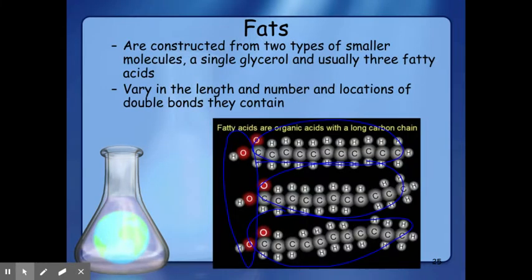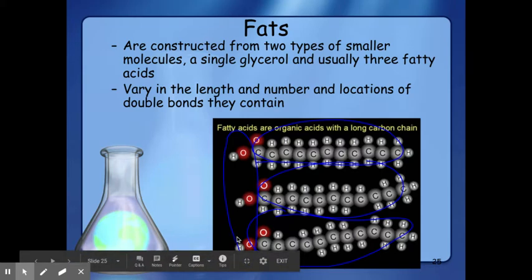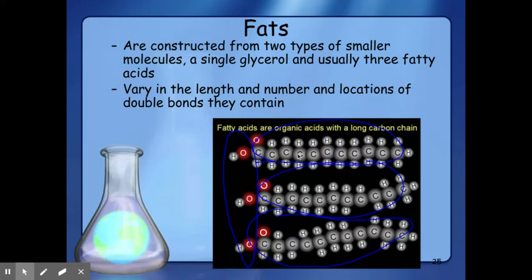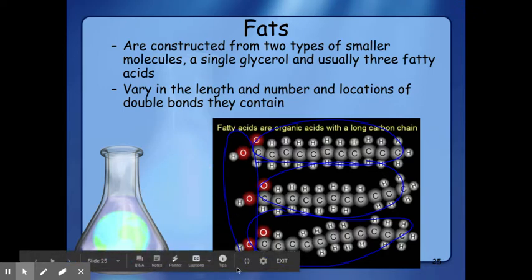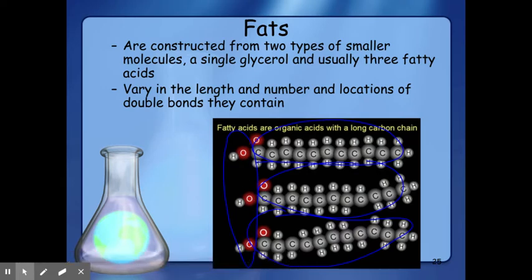Okay, so here we have a picture. This is called a triglyceride, tri meaning three: 1, 2, 3. And they are connected by what we would call a glycerol. This oxygen portion here would be the glycerol portion. For the monomer of a lipid, you should write down fatty acids and glycerols.